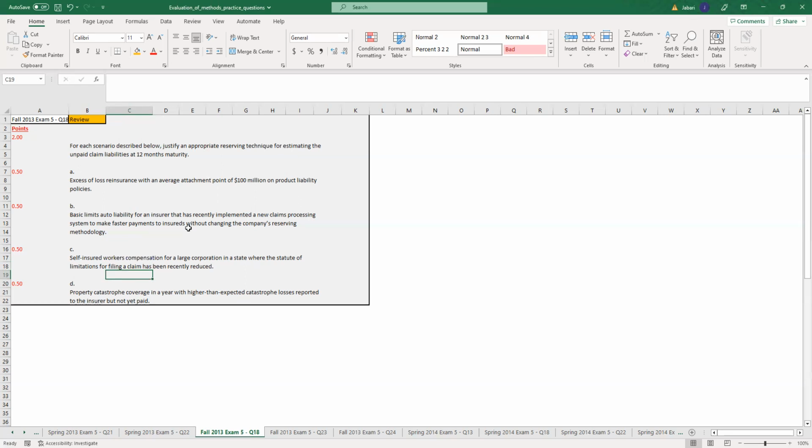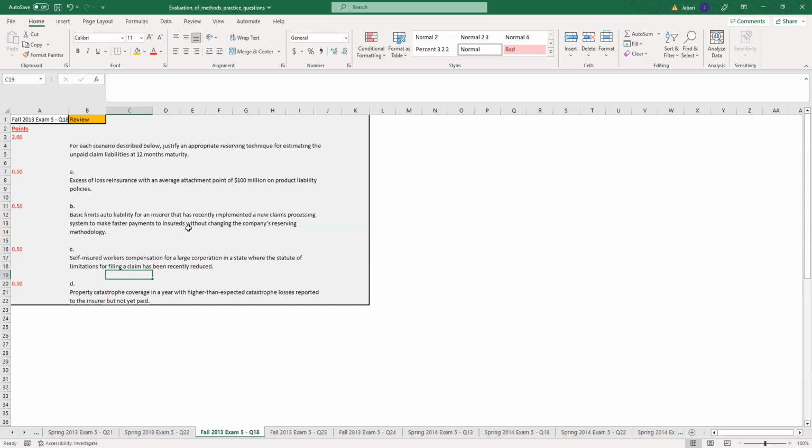That means we're going to have more paid and reported, more case reserve set up, because the more claims you have, the more case you need to put in. So both the reported and the paid will be higher than expected. And again, you could use that Berquist-Sherman because the case and the paid will be changing.